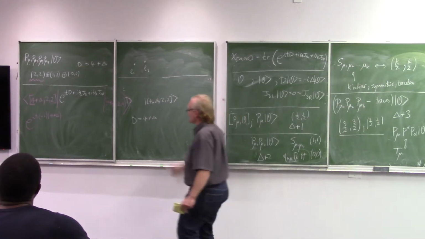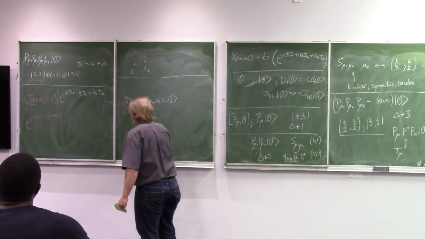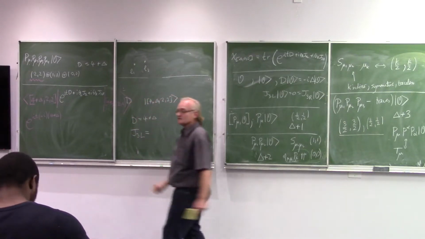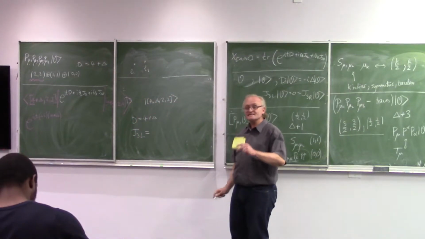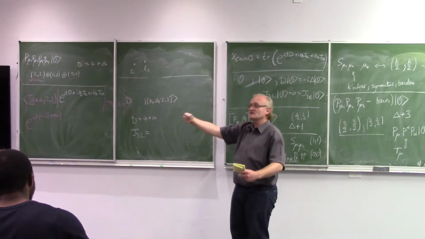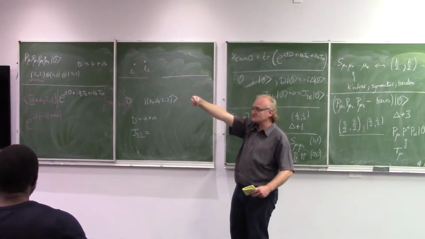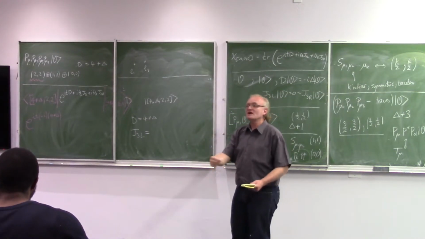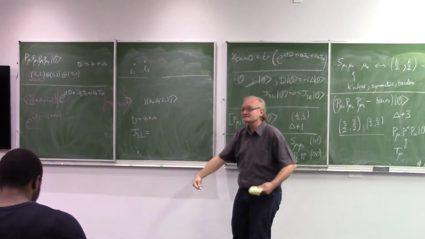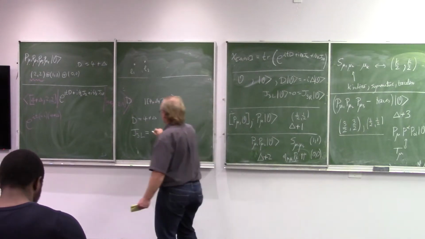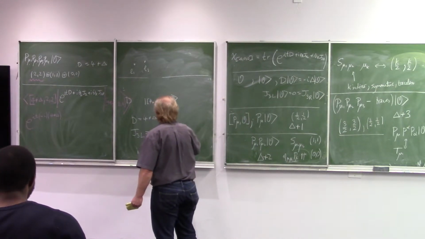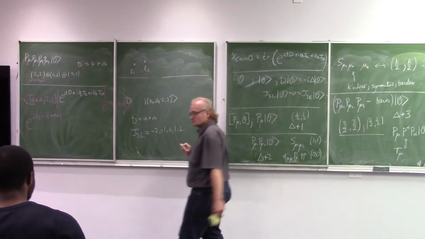If I act with J3 left, the possible values I can have in a spin L multiplet, I go L, L minus 1, L minus 2, all the way down, minus L plus 1 down to minus L. So here I would have minus 2, minus 1, 0, 1, 2.